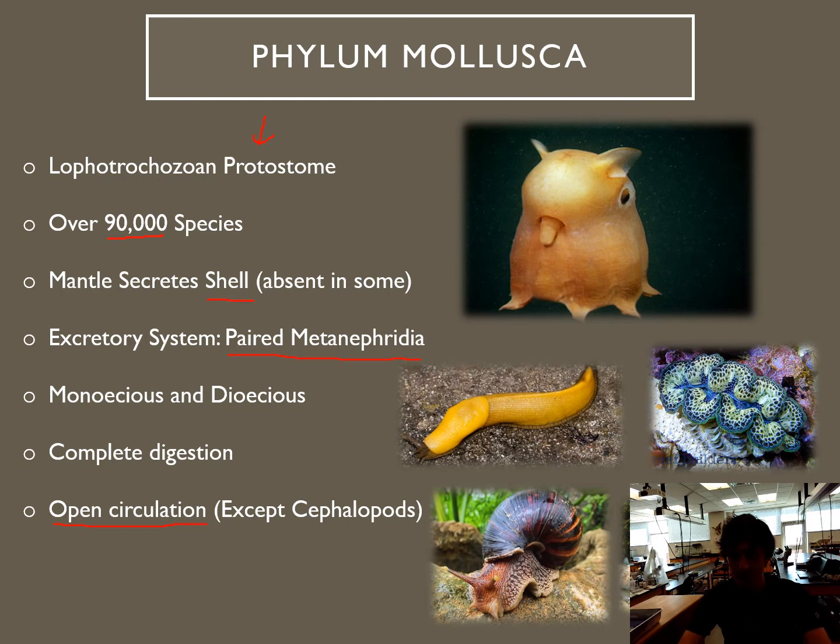You'll see that on Wednesday or Thursday when we begin our clam dissection. You'll be able to see the heart and the pumping vessels, and you'll notice that it's just pumping fluid throughout its shell without any veins. So it doesn't have a true circulatory system, but it's open.